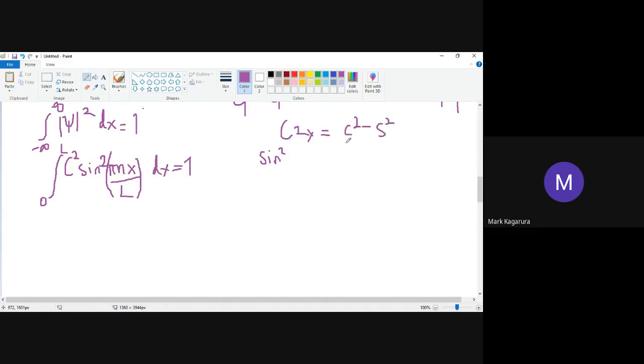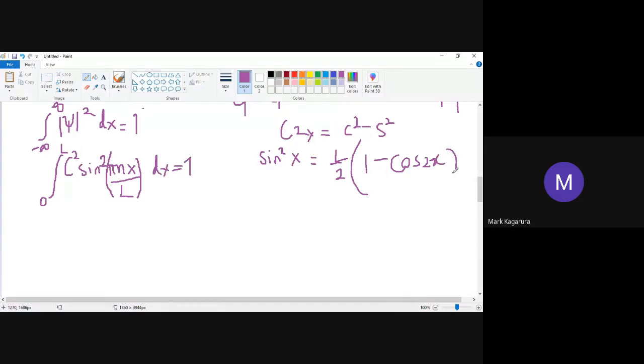So you convert the cos squared into 1 minus sine squared. So sine squared x is going to be a half into 1 minus cos 2x.